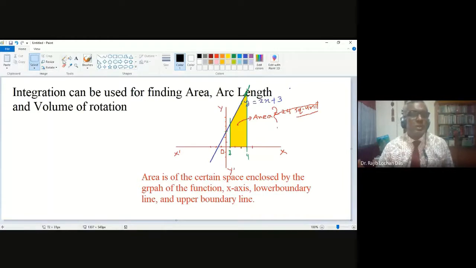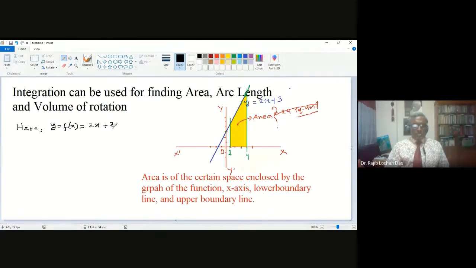You will write this like here: we have the function y equal to f(x) as 2x plus 3. So this is the function.